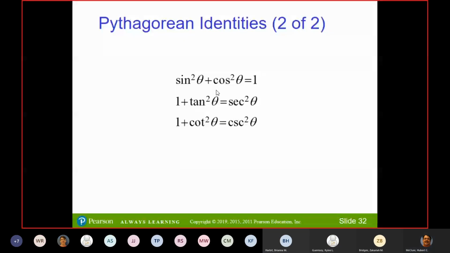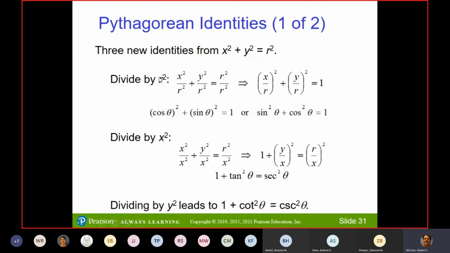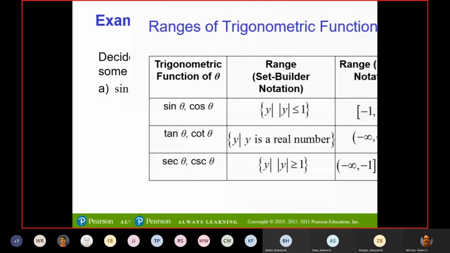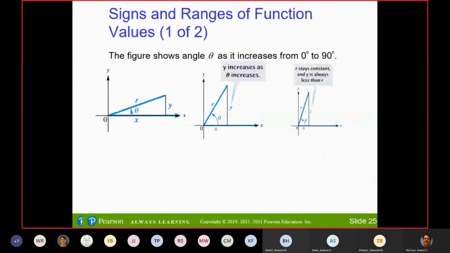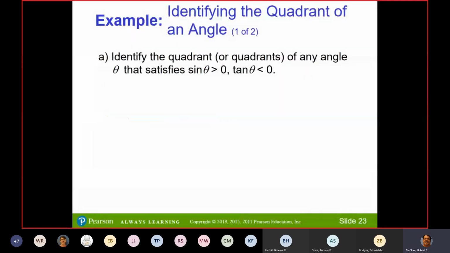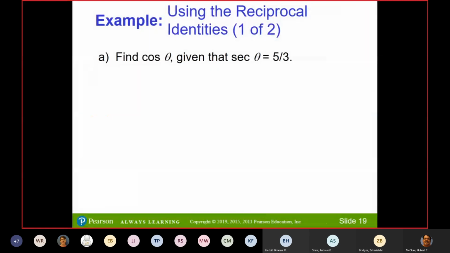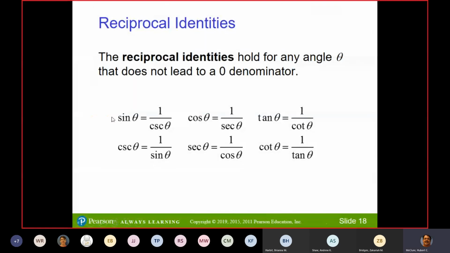These identities. I told y'all that the reciprocal identities and the two identities before this... let me go back. Well, where are they? There's the reciprocal identities.